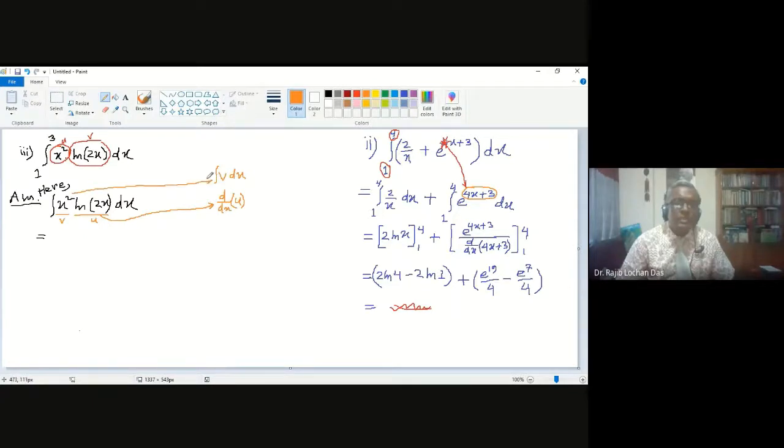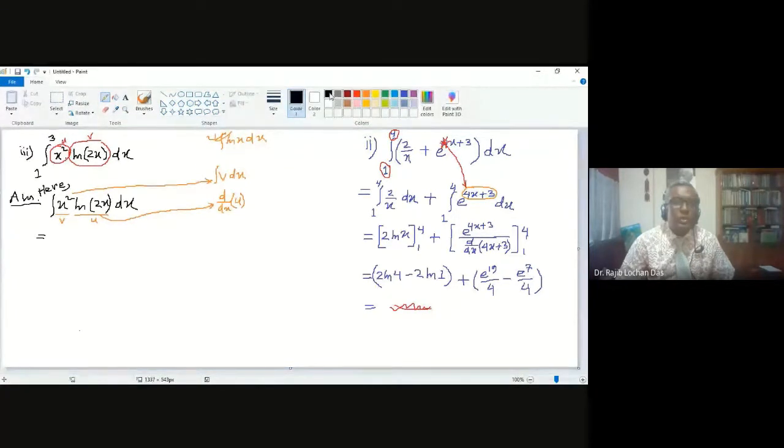But if you think it the other way, if you think that ln x will be integration, then that is a problem because ln x integration formula you do not know. So we already discussed about that thing in another class. So in this example, we take x square as V and ln 2x as U.